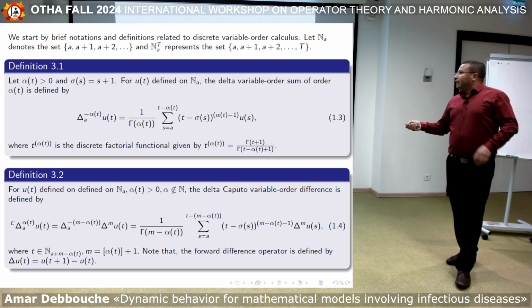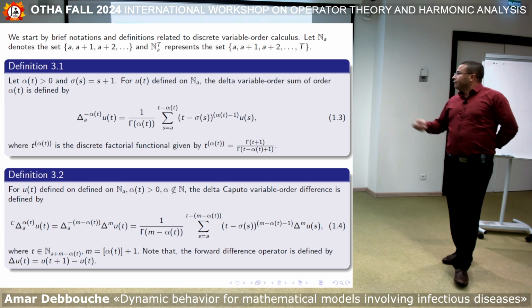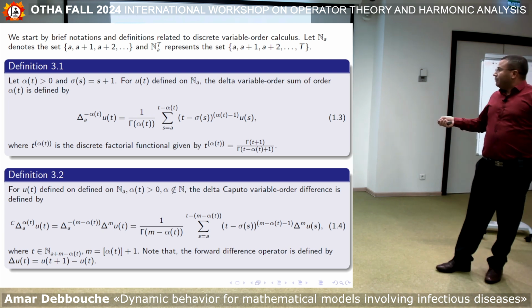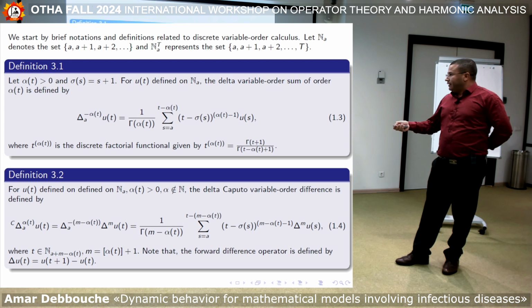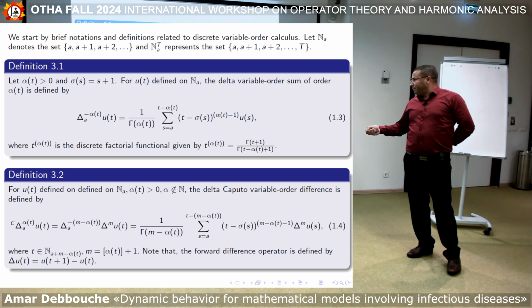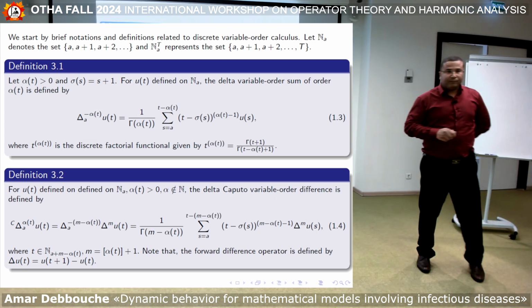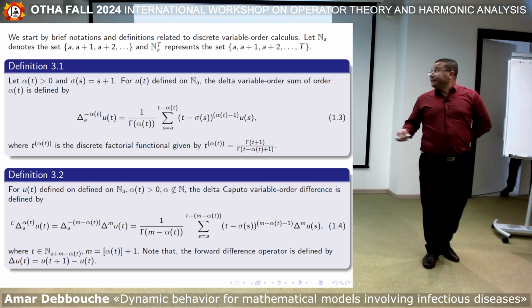Then for u defined on this set which appears here, the delta Caputo variable order difference is given in this form, such that delta u with this expression is the forward difference operator.